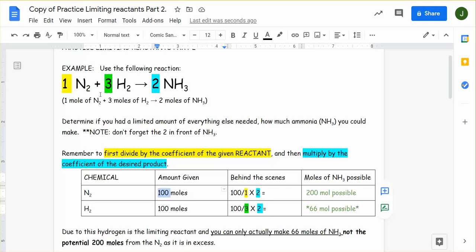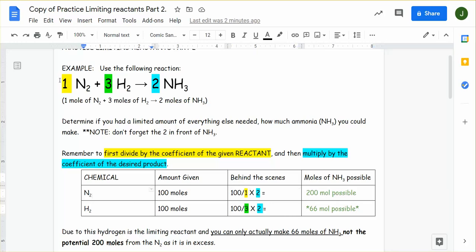So assuming we had 100 moles of our nitrogen gas right here, we're going to multiply it by our mole ratio. Since we're going from nitrogen and trying to figure out exactly how many moles of ammonium we can make, we've got to do the numbers correctly.